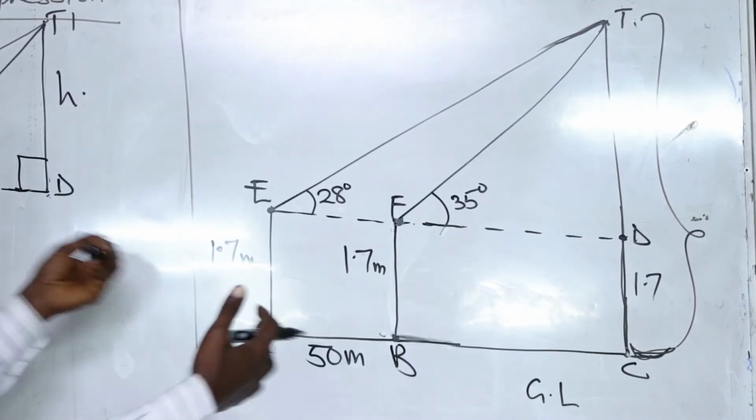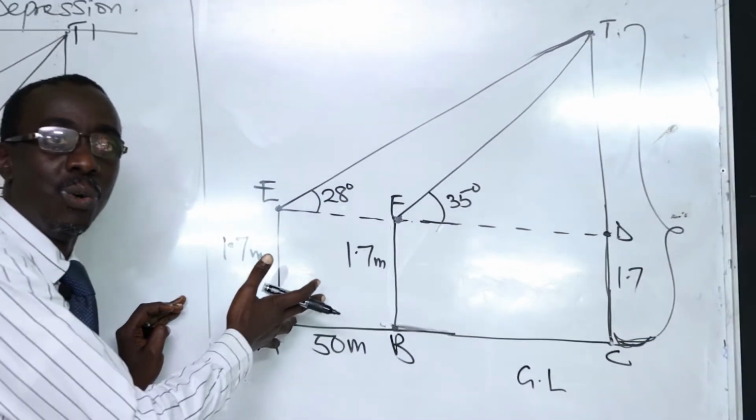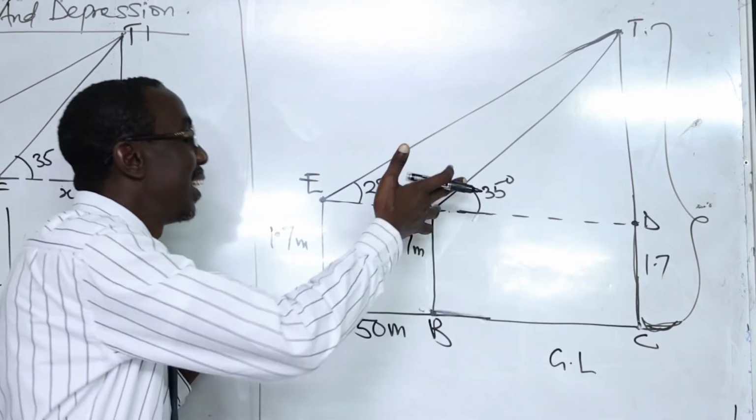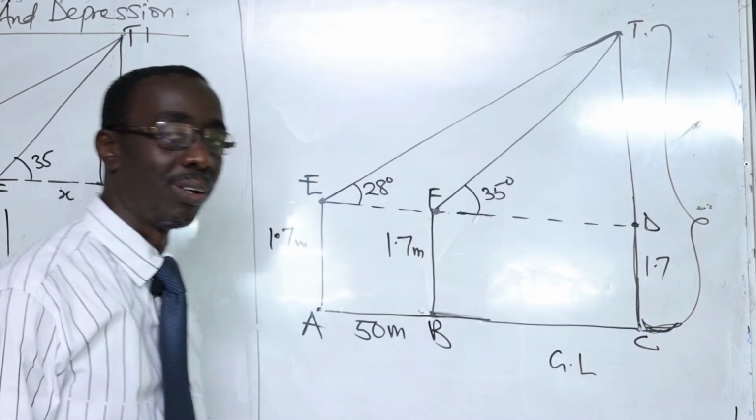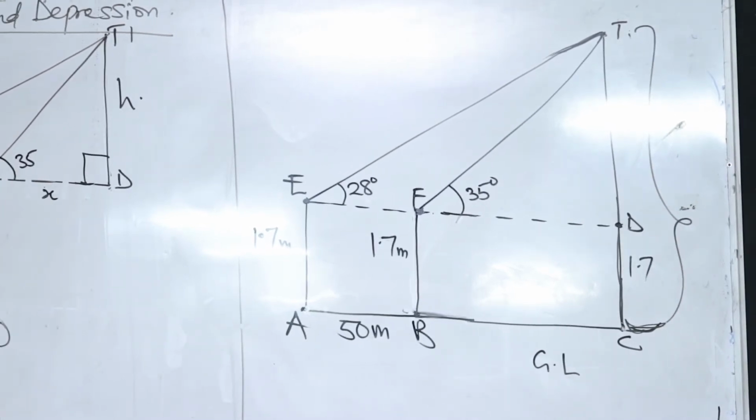Under mathematics analysis, that will not be the same thing. You should also know that this point is even further than this. I hope we are not getting ourselves confused. Are we on the same page? Yes, sir. Okay.